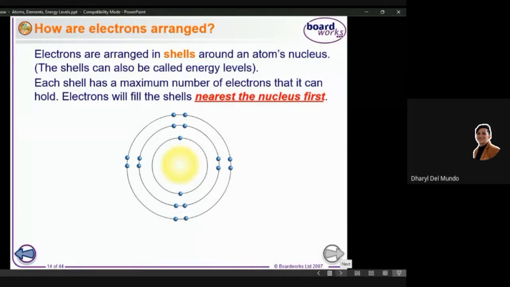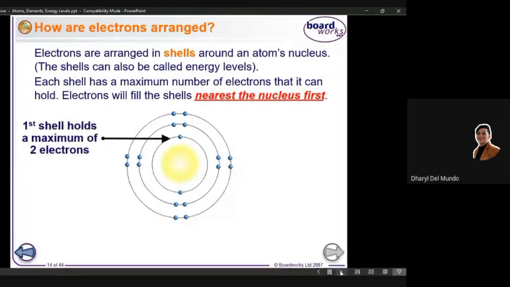Since the only subatomic particles that move are electrons, in the first energy level only two electrons can fill it. Am I clear? In the second energy level, you can fill it with a maximum of 8 electrons.